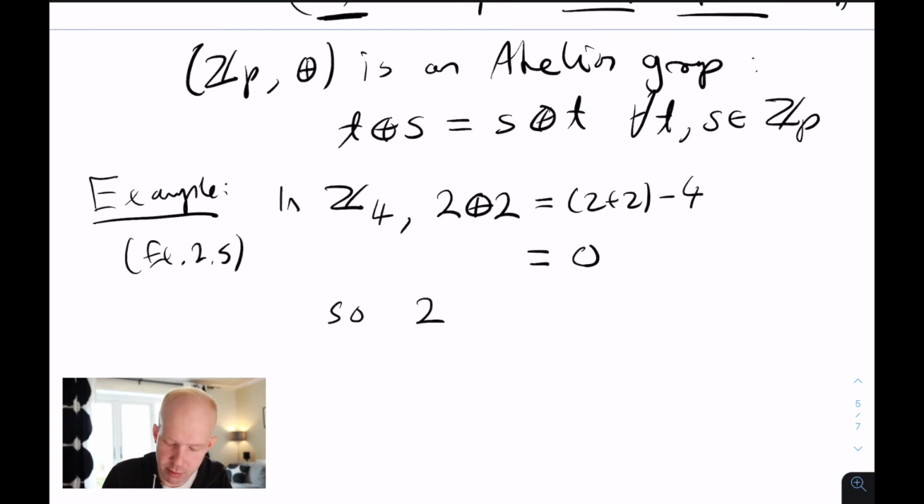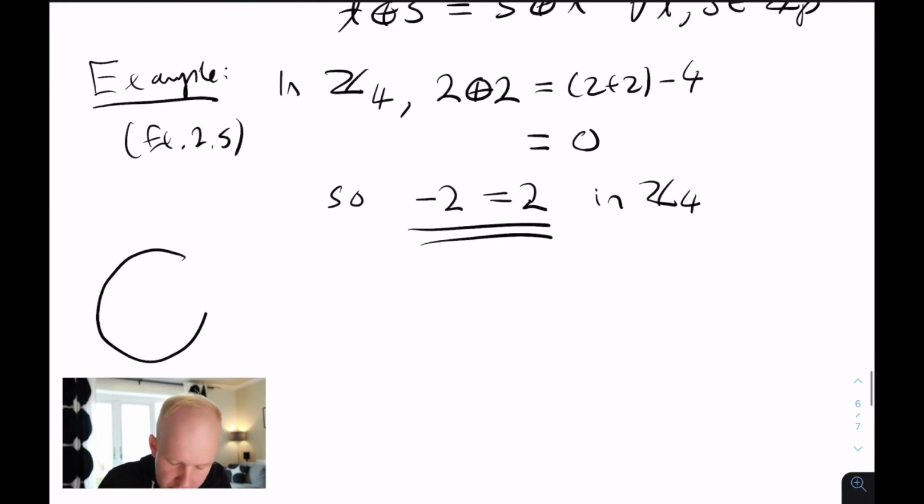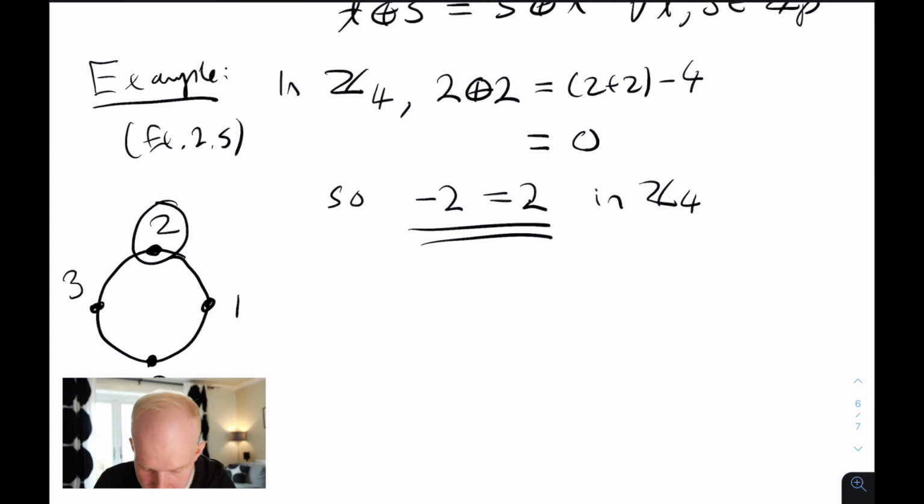So the inverse of 2 is 2 in Z4. When you consider a group of 4 elements, it really depends on what group you are in. If you have the points 0, 1, 2, 3, and you try to find the inverse of 2, which satisfies the property that 2 plus 2 gives 0, then it's 2 itself.